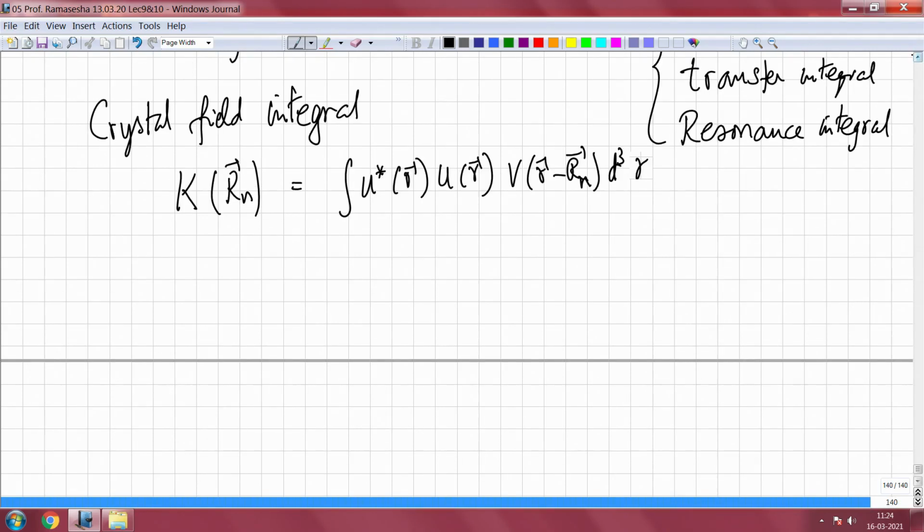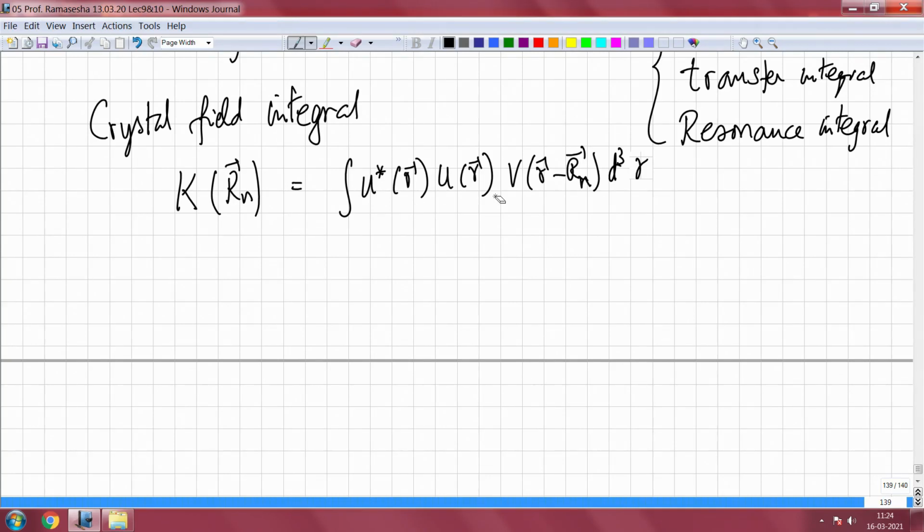What you are actually looking at is that the charge cloud at the origin is feeling the potential due to the atom at the position r n. So the interaction of the potential at R n with the charge cloud at the origin is the crystal field integral.